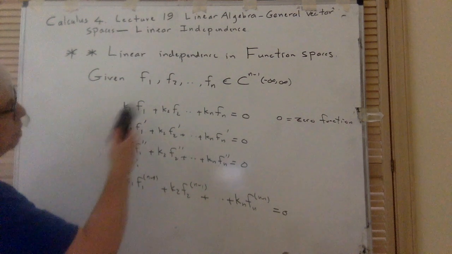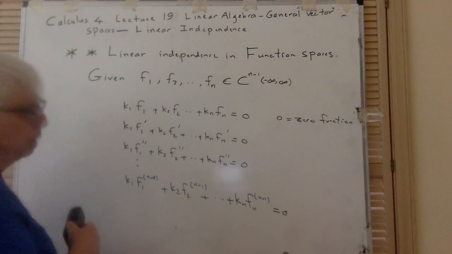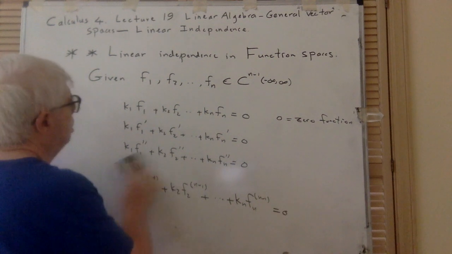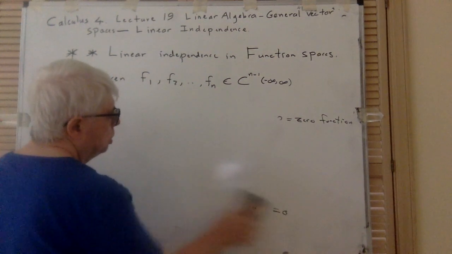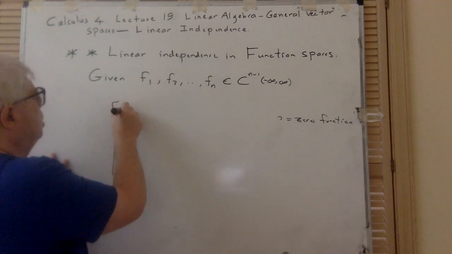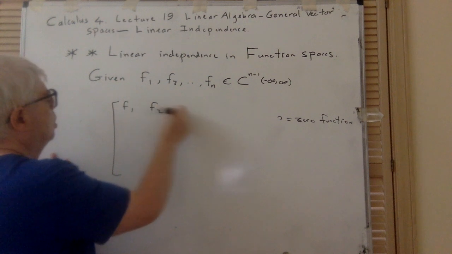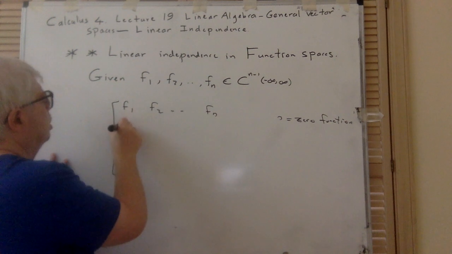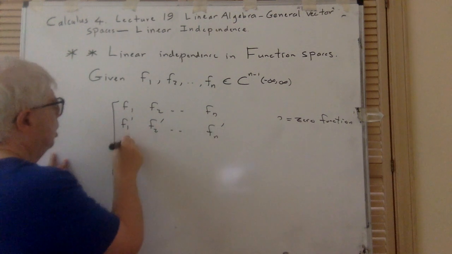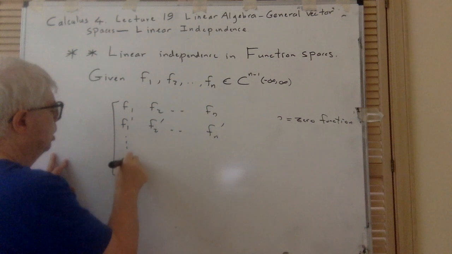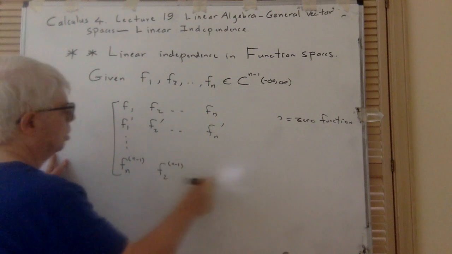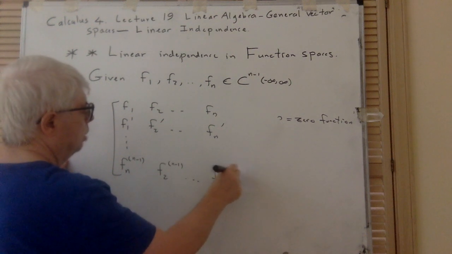So let's put this system of equations in matrix format. Let me erase this and put this in matrix format, where the matrix here is f1, f2, fn, f1 prime, f2 prime, fn prime, and this goes down to f1 (n minus 1), f2 (n minus 1), dot, dot, dot, fn (n minus 1).